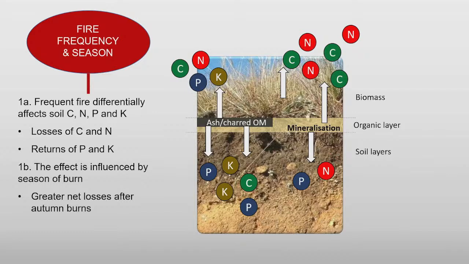Small amounts of nitrogen and phosphorus can be deposited through mineralization from heating of the topsoil, but this ash can also be eroded, especially through wind erosion, so you can get losses of nutrients at the same time. We expect the effect to be influenced by season of burn, especially after autumn burns, where we get greater losses, which occur from the bare soil.